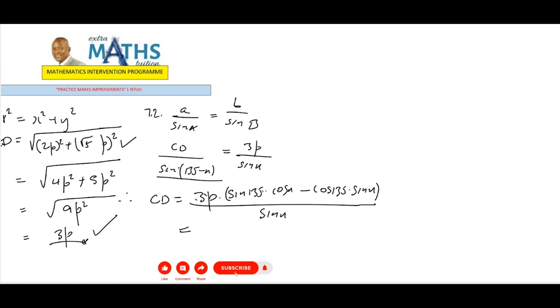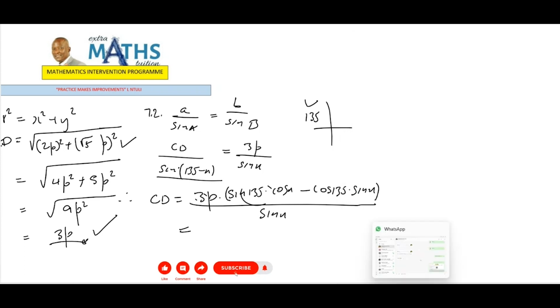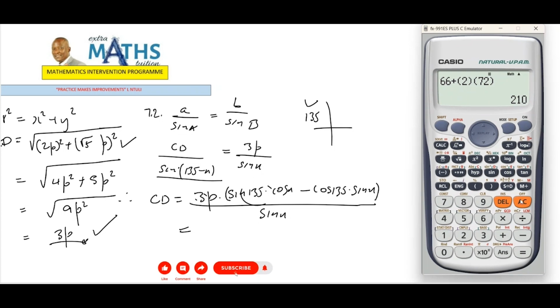Okay, now 135 is in the second quadrant and sine is positive in the second quadrant. If I use my calculator, 180 minus 135, it should be 45.